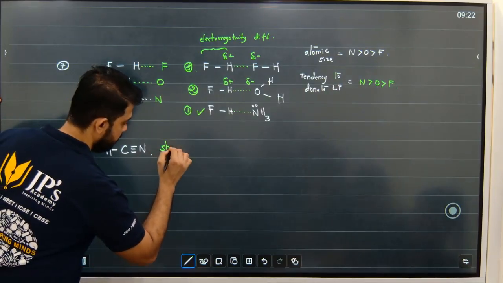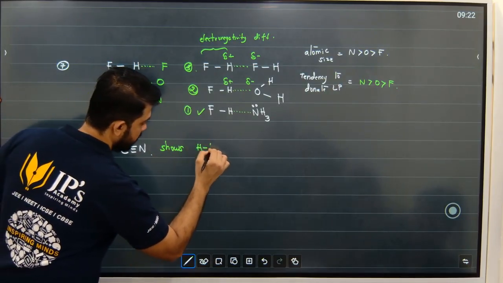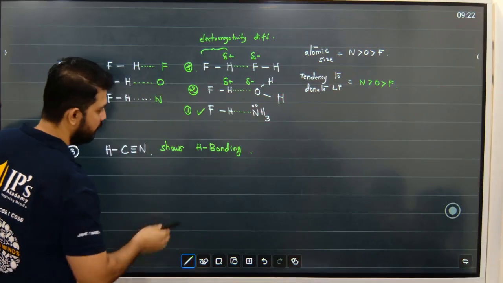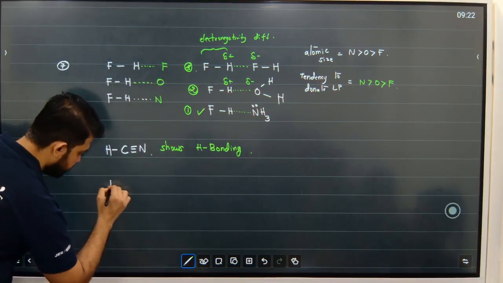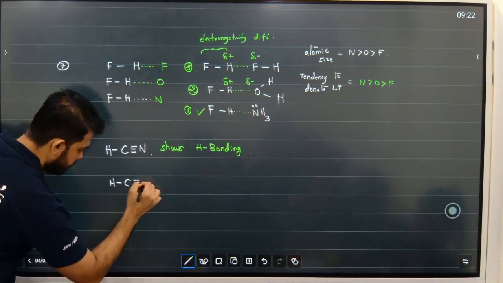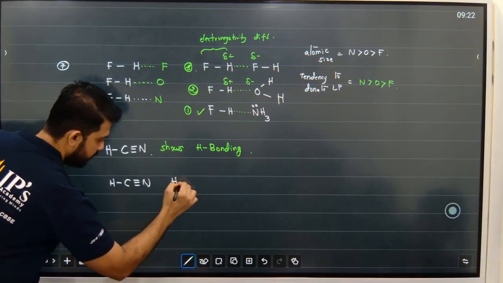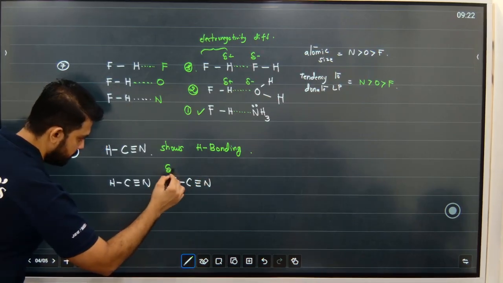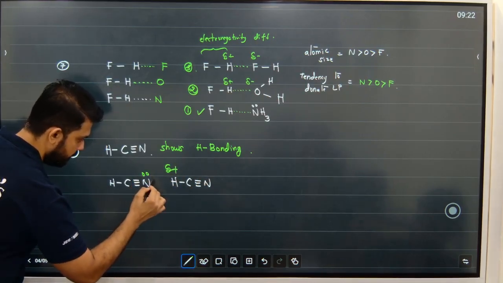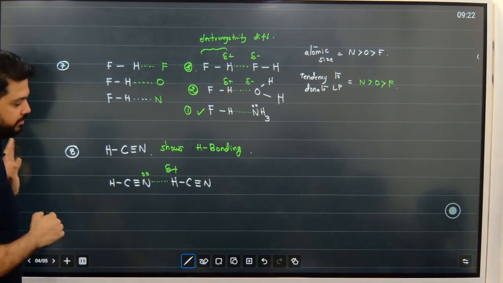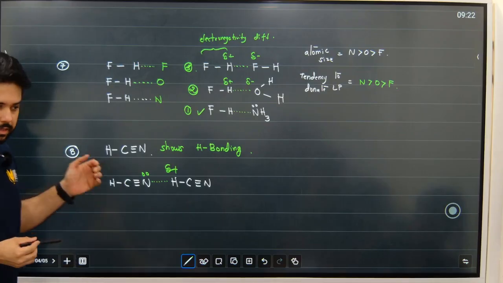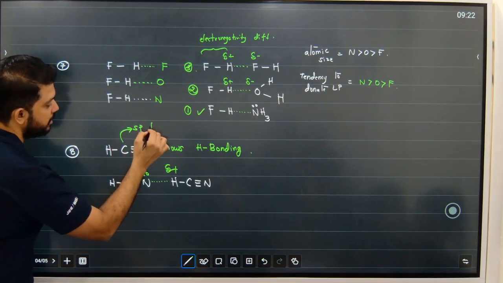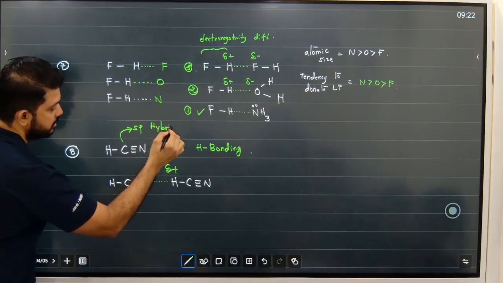I repeat, HCN shows hydrogen bonding. It shows hydrogen bonding something like this. So H–C≡N. If I look at one more H–C≡N, okay, you can say delta positive here, and here is the lone pair. And the reason for that is the carbon over here is sp hybridized.